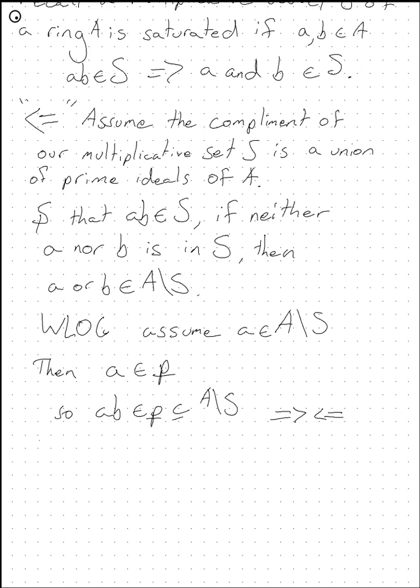Therefore, both A and B are in S, because we could run the same argument with B being in P, then AB is in P. We are in an integral domain. It's commutative.